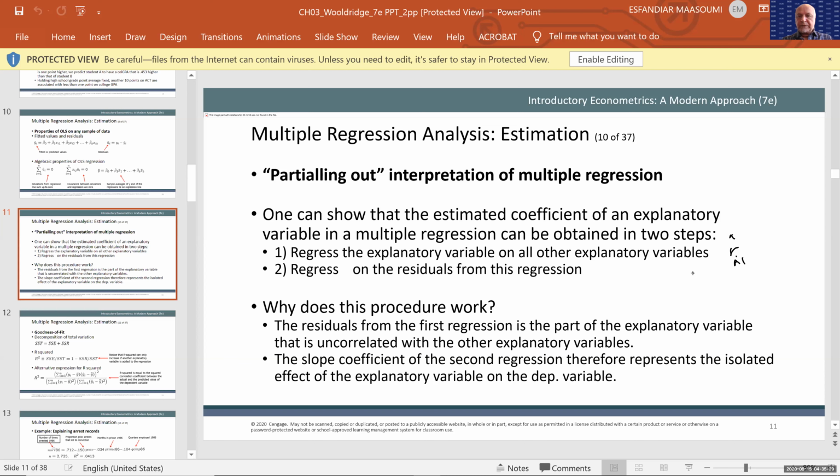So regress x1 on all the other variables, get the residual. Now regress y, the original dependent variable, on this residual. That's a bivariate regression, right?